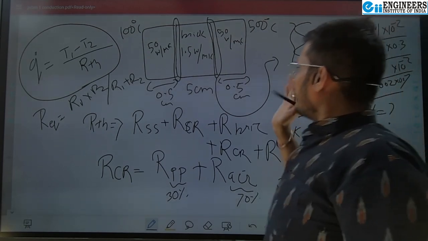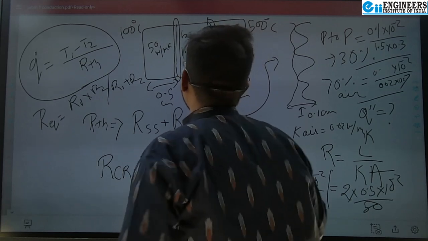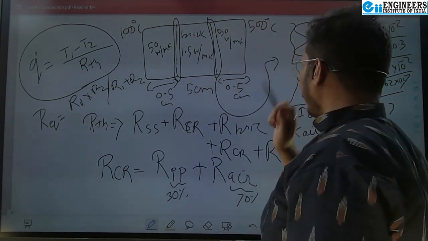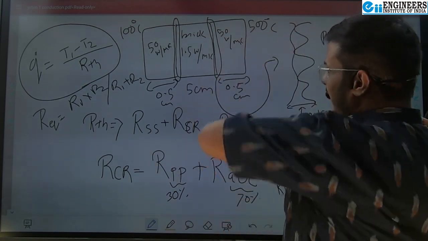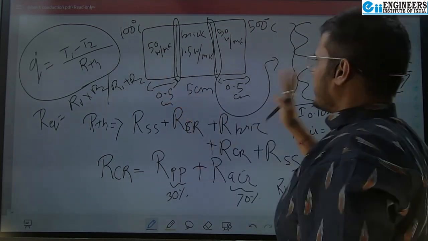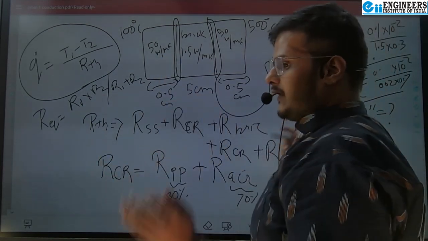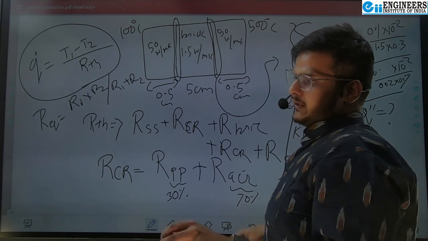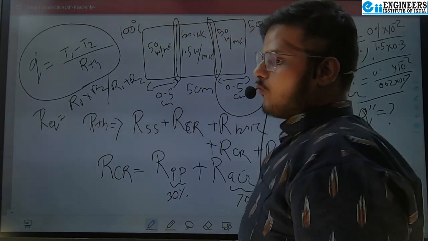Why we have considered 1.5: the reason is that the brick surface is having protrusions and the brick is being brought in contact with the SS plate. As the contact is there, we consider that the brick contact thermal conductivity is 1.5 watt per meter Kelvin.